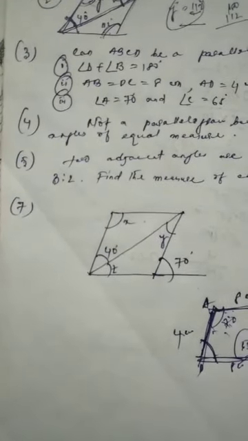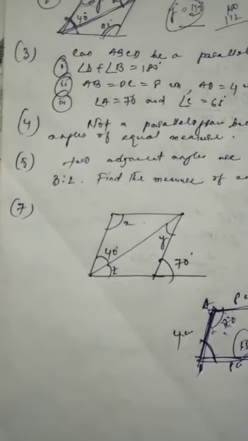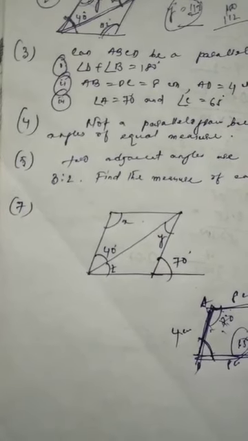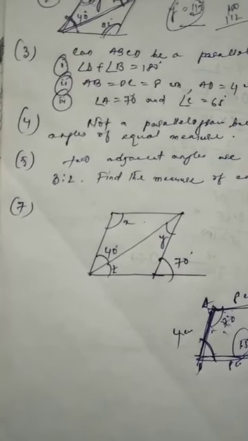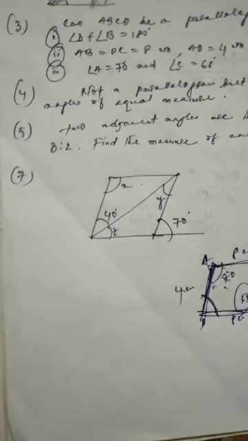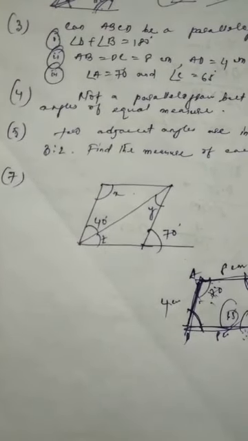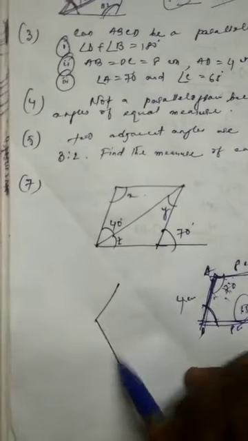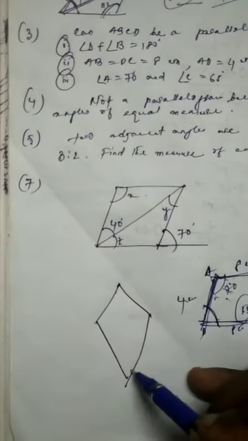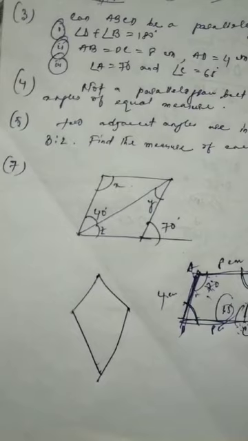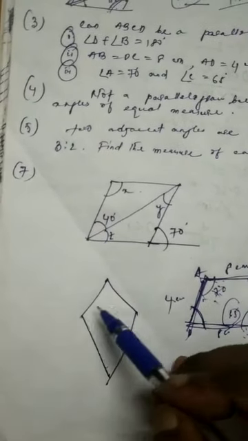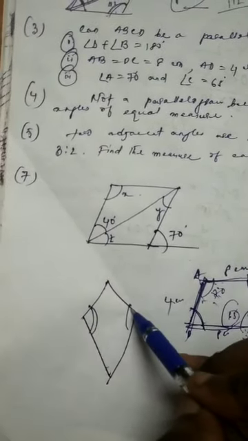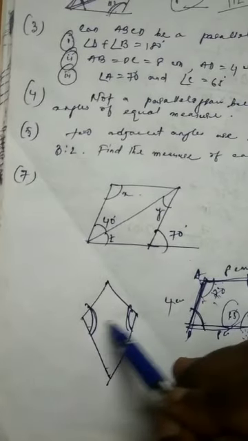Next, children, question number 4 says that we have to construct a shape which is not a parallelogram, but has two opposite angles of equal measures. Children, draw the shape of a kite. A kite is a quadrilateral which is not a parallelogram, but has one pair of opposite equal angles.